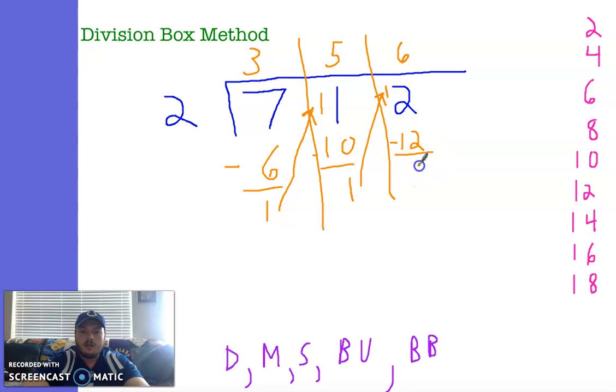I subtract, gives me 0. I don't have to bring my 0 up anywhere, so I found my quotient, and I know my quotient for 712 divided by 2 is 356.